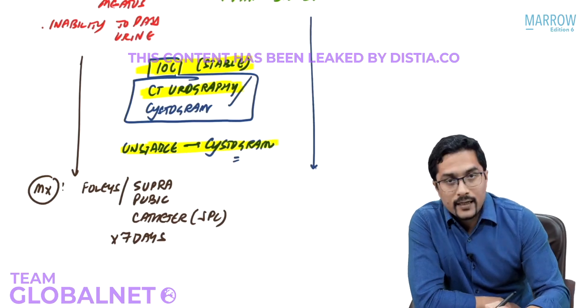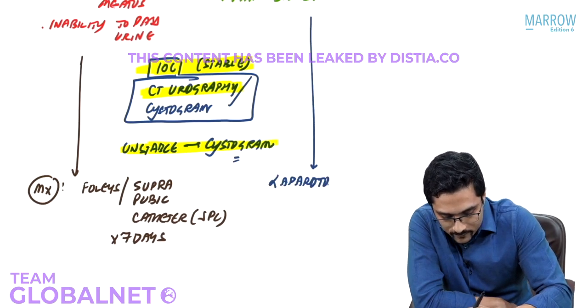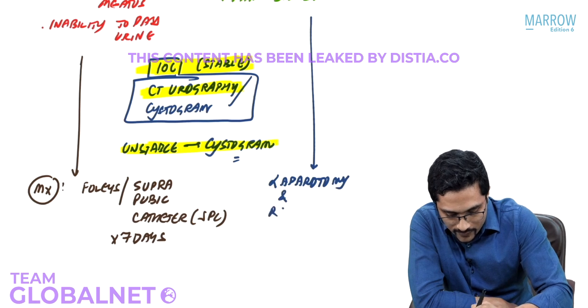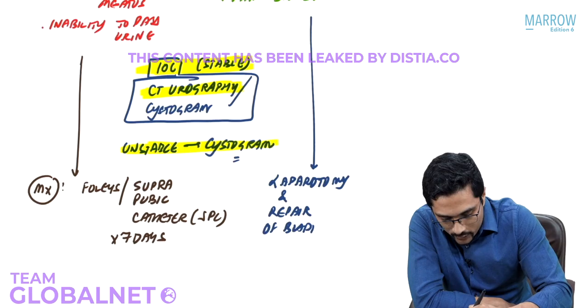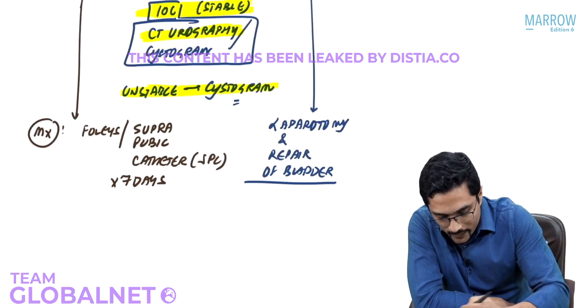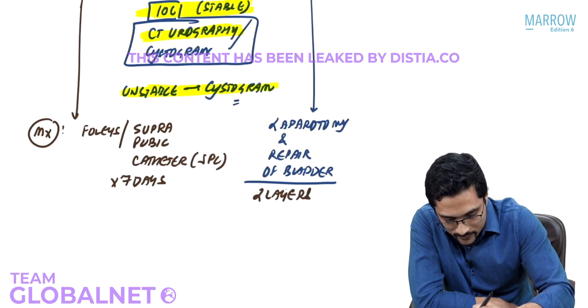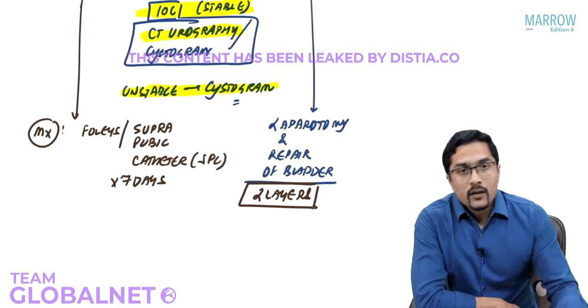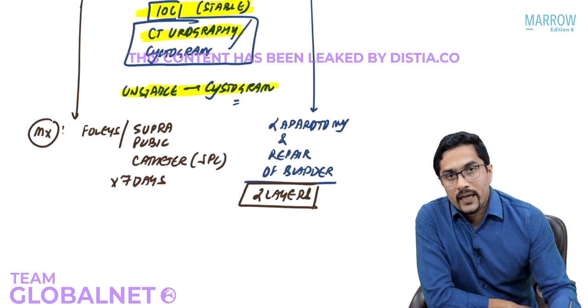Intraperitoneal rupture, on the other hand, the patient will require a laparotomy and repair of the bladder. I've covered in the general surgery module that repair of the bladder is done in 2 layers. It is usually a round body needle, Vicryl, which is used to repair the bladder.